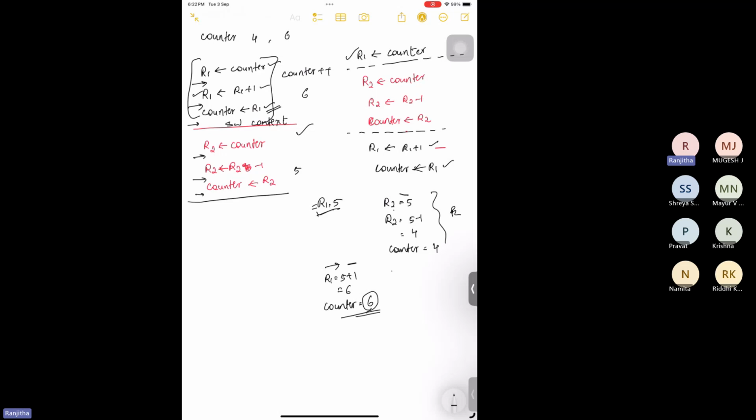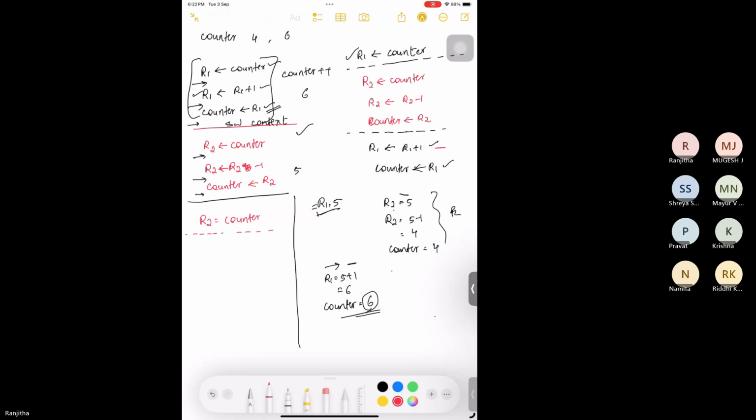Now let's see one more example. If the context switching happens, now instead of R1, let's assume that R2 started with the execution. Okay, R2 started, so R2 equal to counter. Now after this point, context switch happened, and then P1 started with the execution.